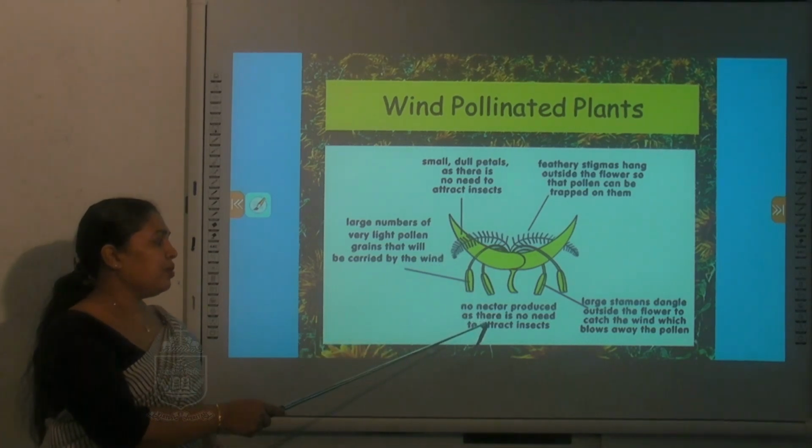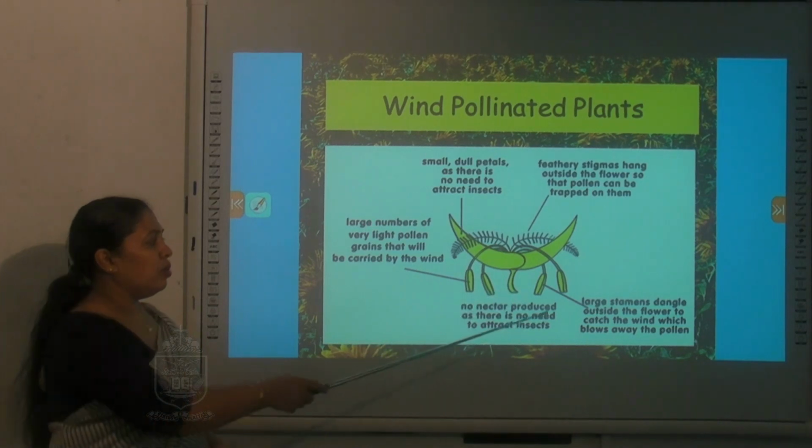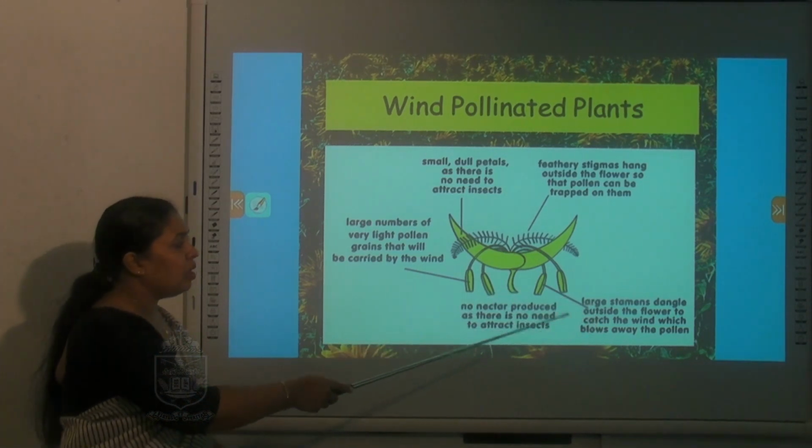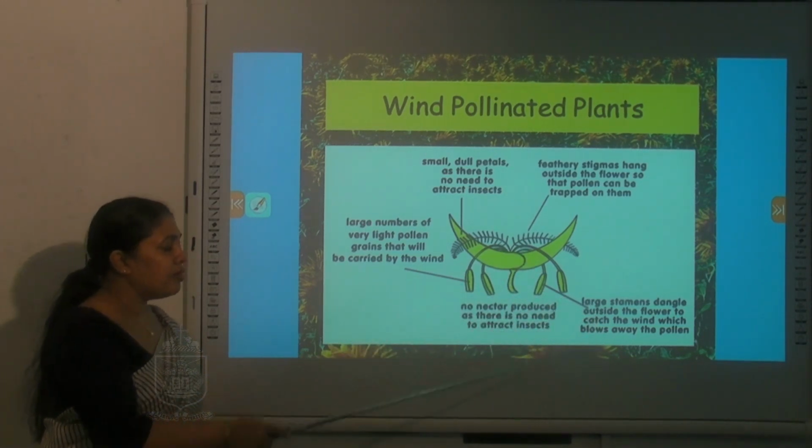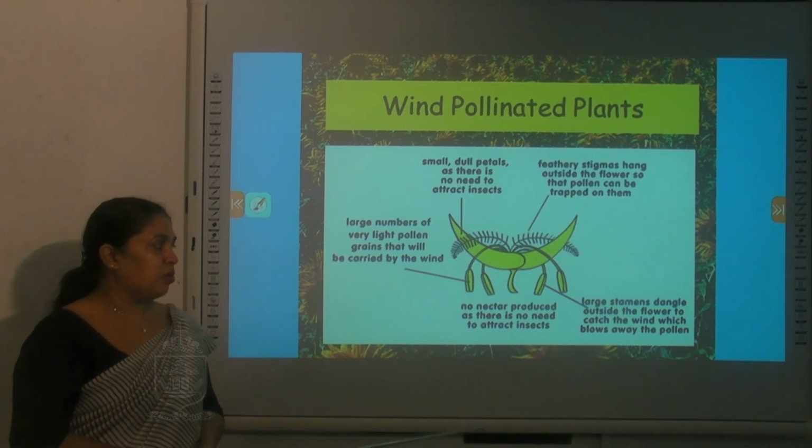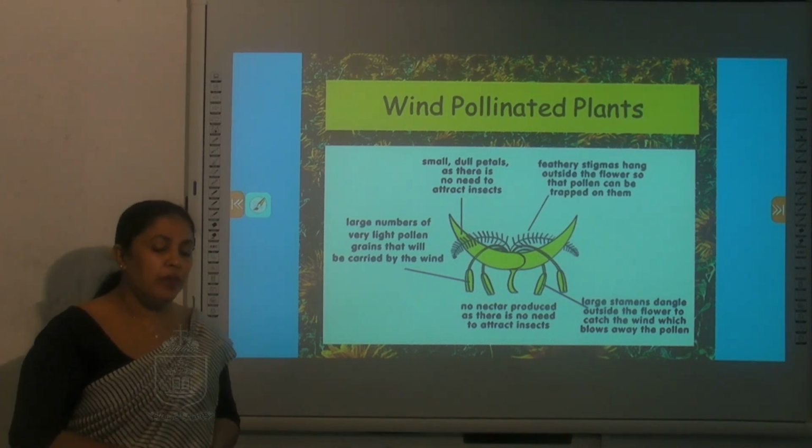No nectar is produced, and large stamens come outside of the flower because the pollen should be directed to the wind.